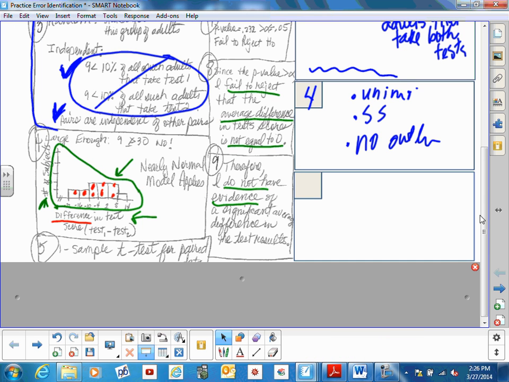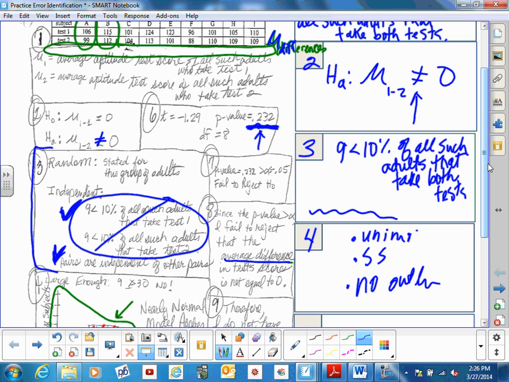Okay? So, for number 8, if I say, since the p-value is greater than alpha, I fail to reject, that was right. Is this problem about the average difference in test score is not equal to 0? Is that what I am failing to reject?